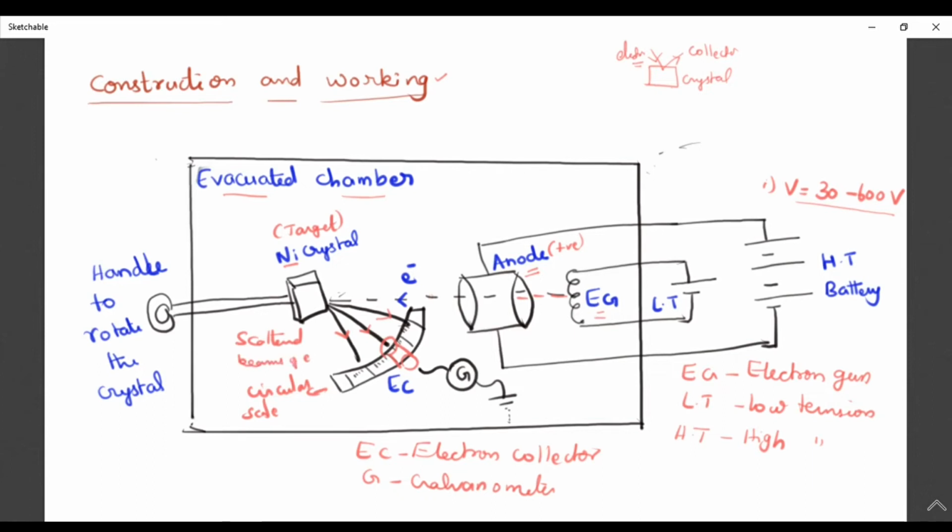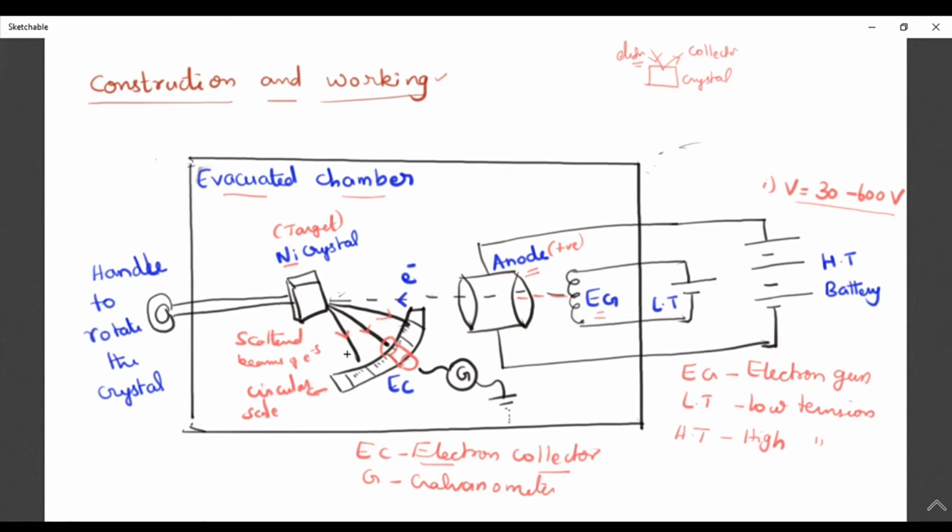This scattered beam is collected by the electron collector. This symbol I showed. This is the electron collector which collects the electrons, and it is arranged over a circular scale. Why? Because the scattered electrons will go in different directions.